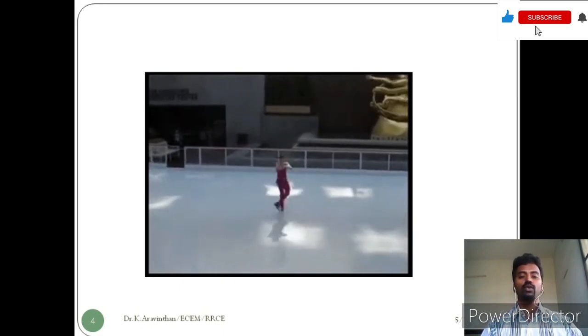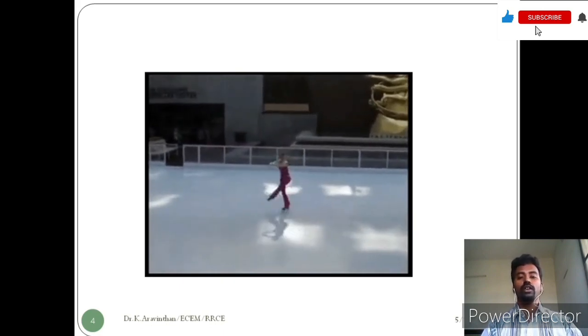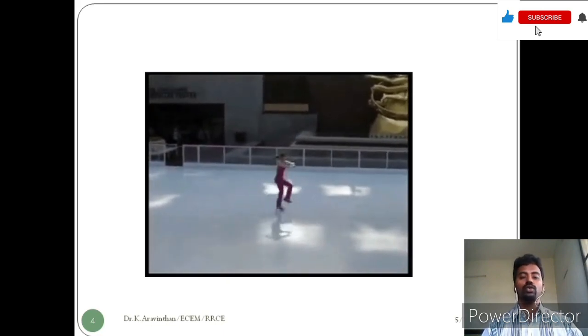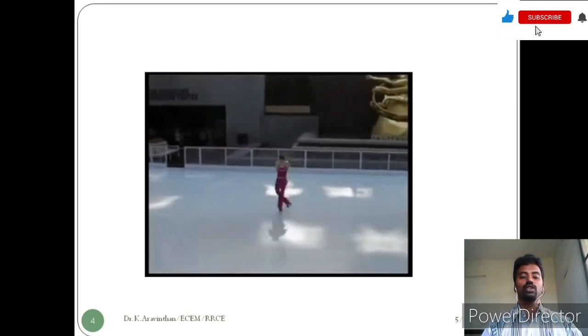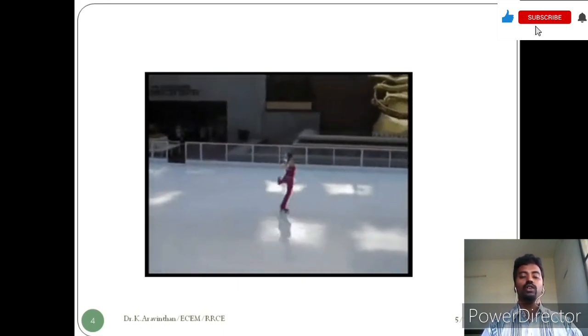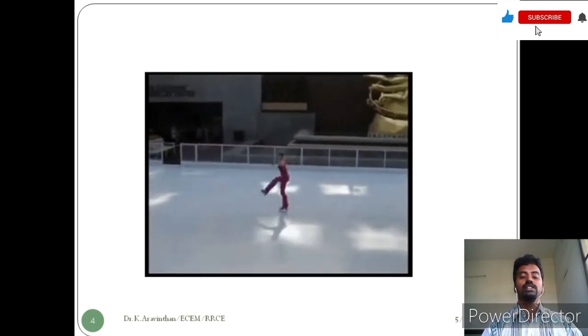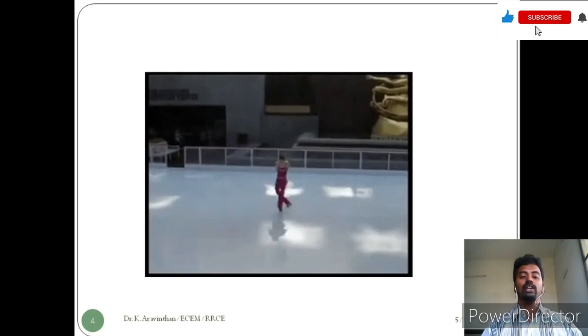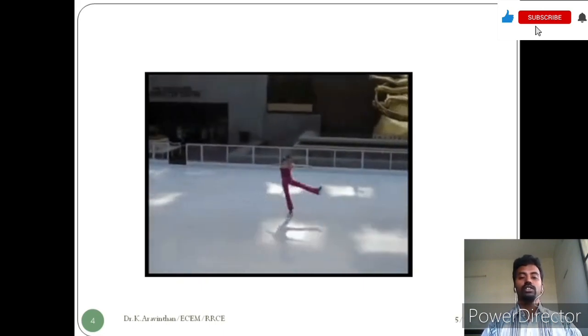So if you fold all your body parts closer to the centroid, that is closer to your body, then the force required to rotate will be lesser and you can rotate yourself quickly.